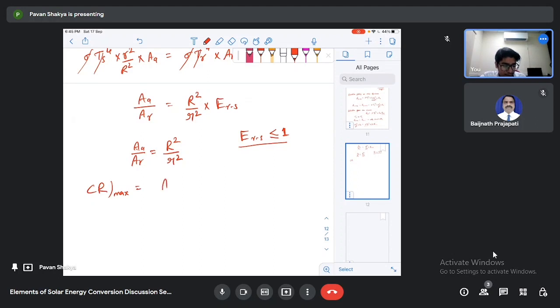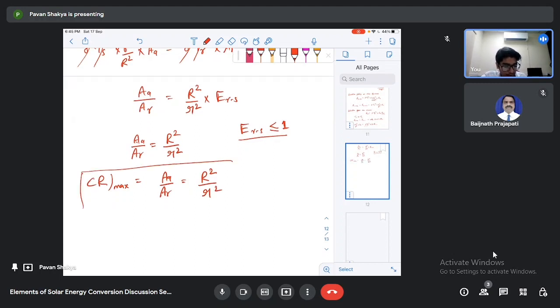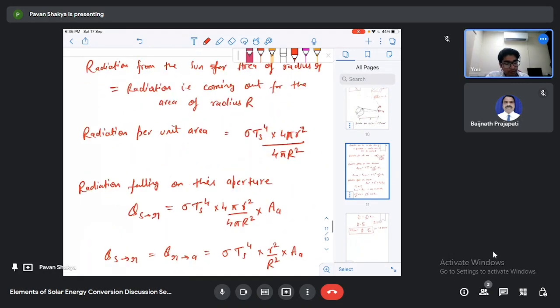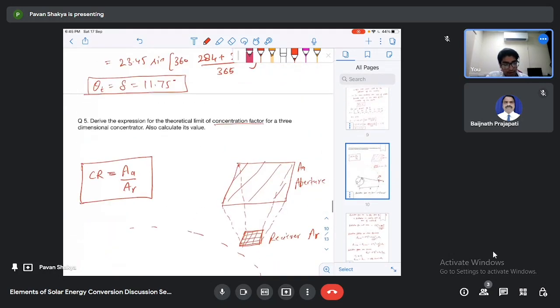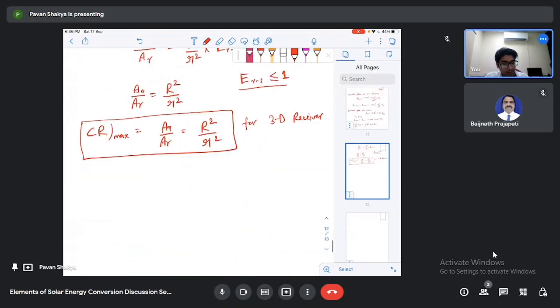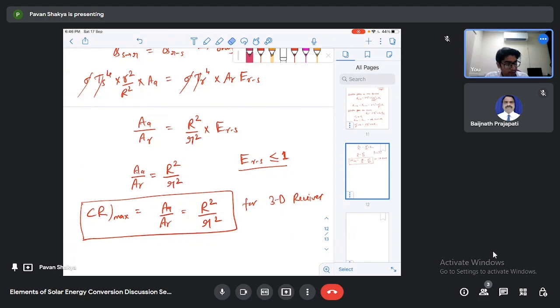It will become equal to capital R square divided by small r square. So this is the formula for a three-dimensional receiver. Sorry, let me correct it as a 3D concentrator.